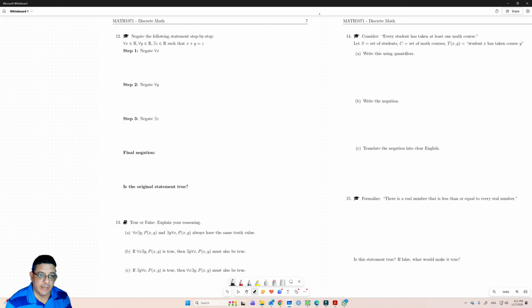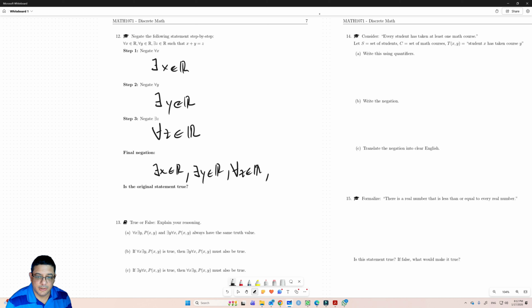The negation of for all x will be there exists x that belongs to R. The negation of for all y will be there exists y that belongs to R. And the negation of there exists c will be for all c that belongs to R. And so the final negation will be: there exists x that belongs to R and there exists y that belongs to R, for all c that belongs to R, x plus y is different from c.